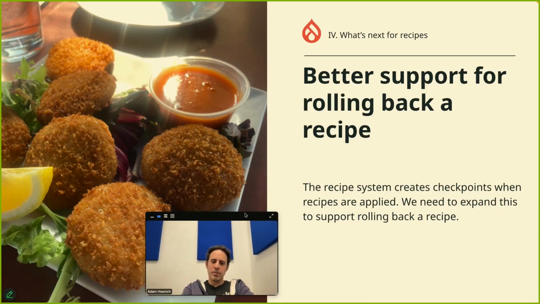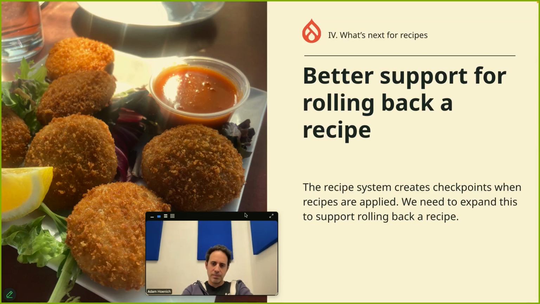Talked about this a little this morning. One of the APIs that recipes got added to core was the config checkpoint API. So right now it's only used for when your recipe hits a validation concern, it undoes itself back to that check. But it would be cool to expand that checkpoint to, say, revert a recipe.